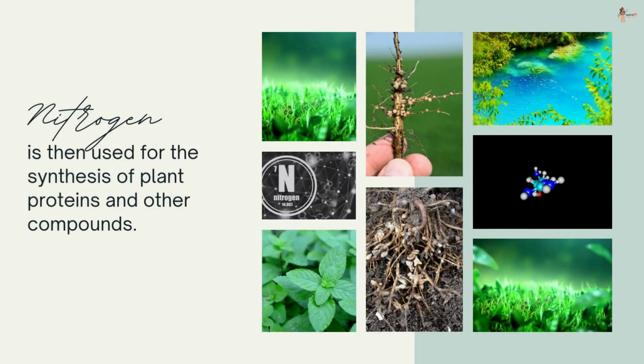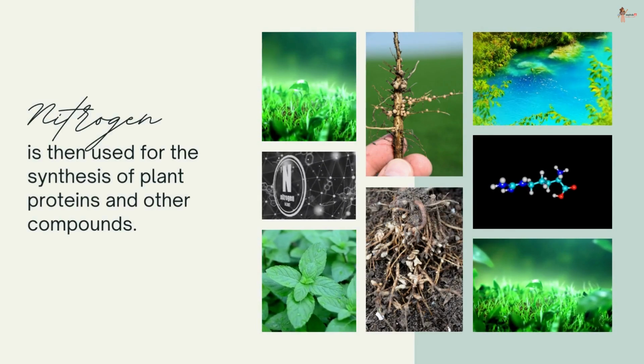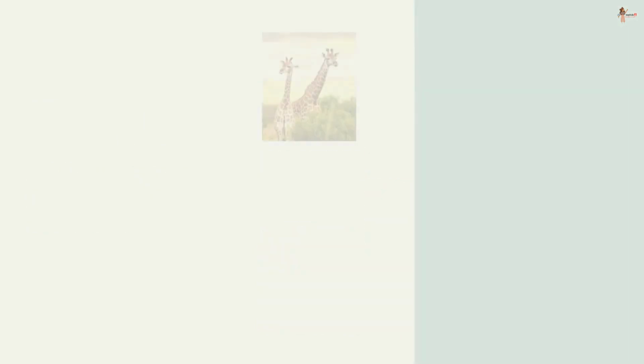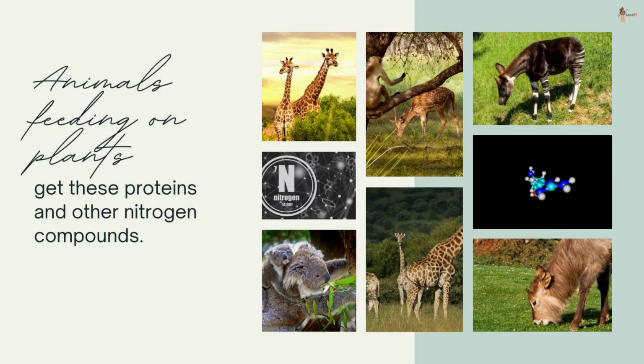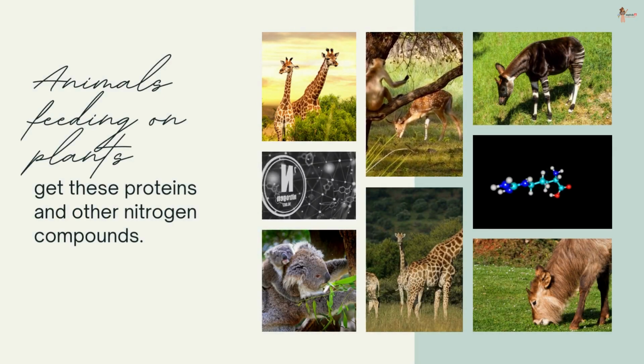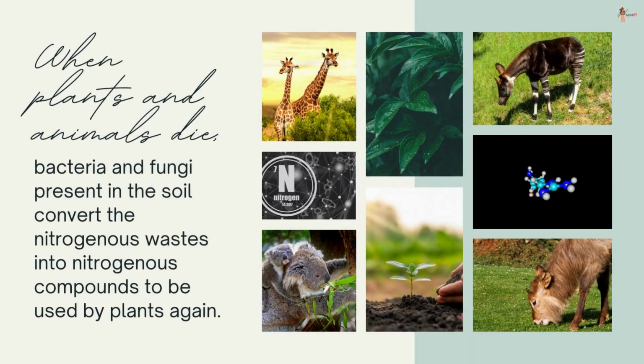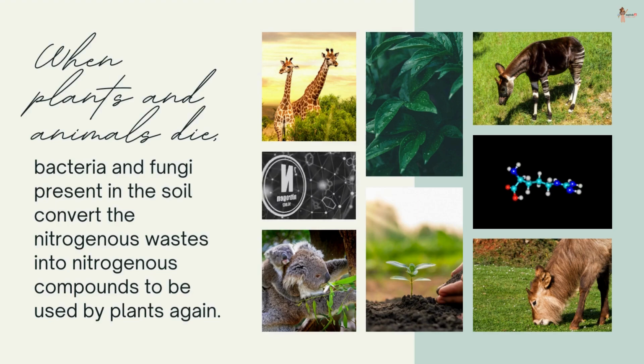Nitrogen is then used for the synthesis of plant proteins and other compounds. Animals feeding on plants get these proteins and other nitrogen compounds. When plants and animals die, bacteria and fungi present in the soil convert the nitrogenous waste into nitrogenous compounds to be used by plants again.